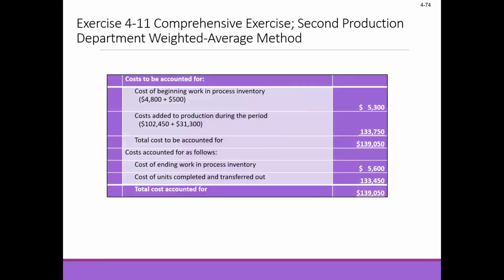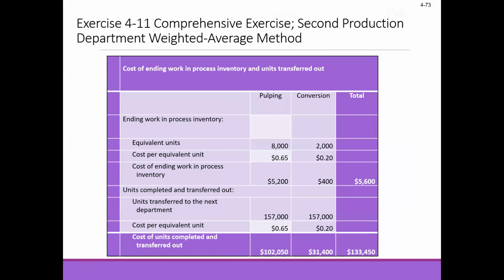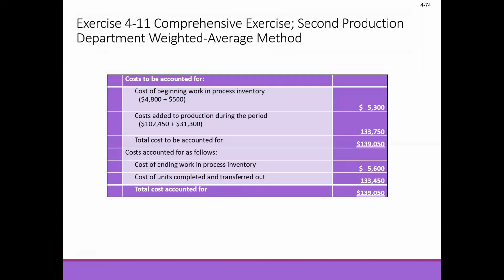Well, that's what we did right there. Ending work in process. And here's our reconciliation report that shows the amount to be accounted for and what's sitting in the work in process and what amounts are being transferred out.